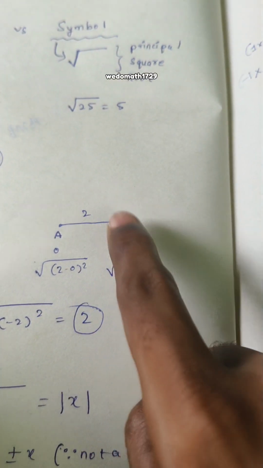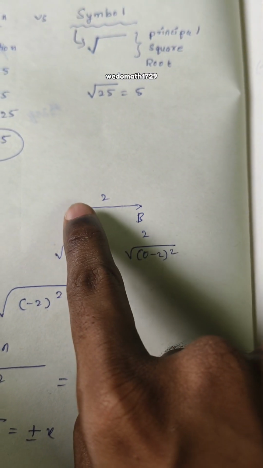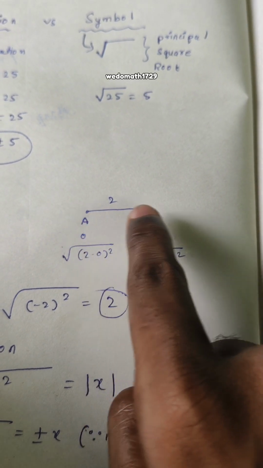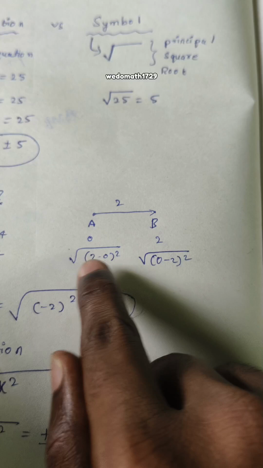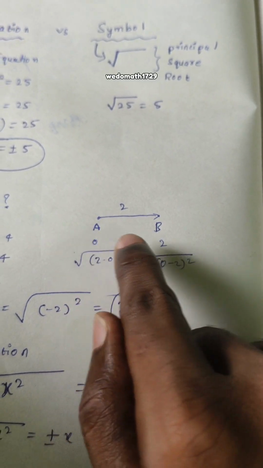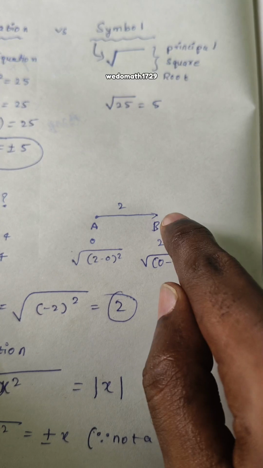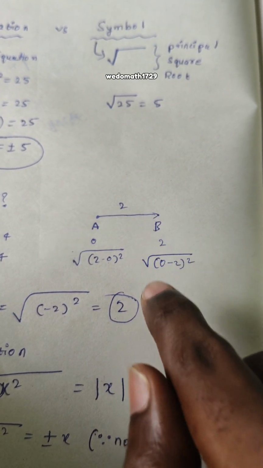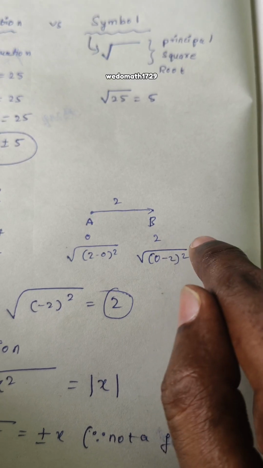And let us look at this example. Why only positive numbers? For example, if A wants to find its distance from B, it will do square root of (2 minus 0) whole square. If B wants to find its distance from A, it will calculate square root of (0 minus 2) whole square.